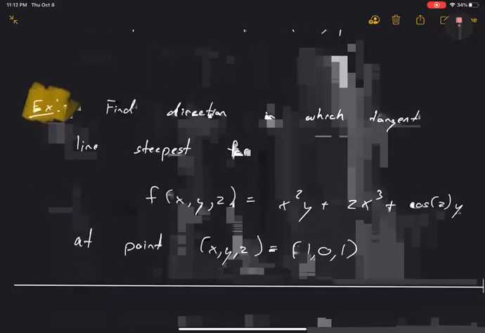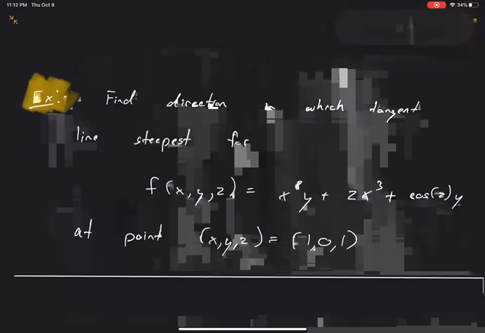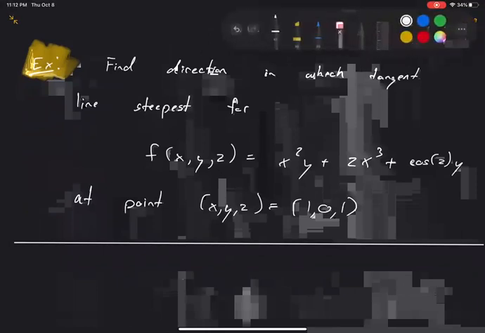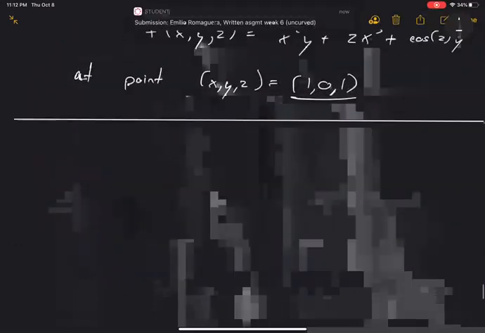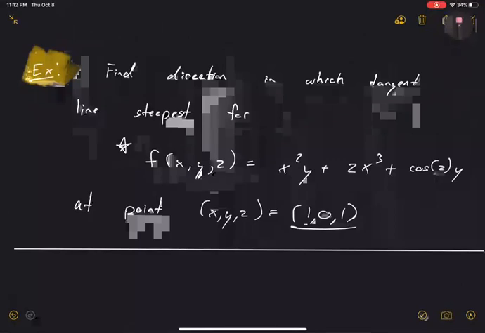All right. So how would we see this in a problem? Let's find the direction in which the tangent line is steepest for this function. Now we've got to be specific. We'll almost always be talking about a specific point for problems like this. So let's find the direction with the steepest tangent line when we're at the point 1, 0, 1.